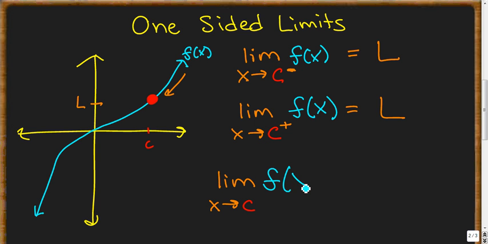If the left and the right both point to some number L, their limit is L, then our overall limit is going to be L as well.